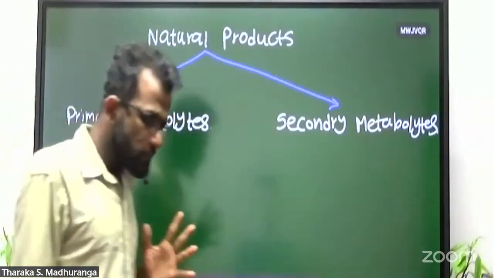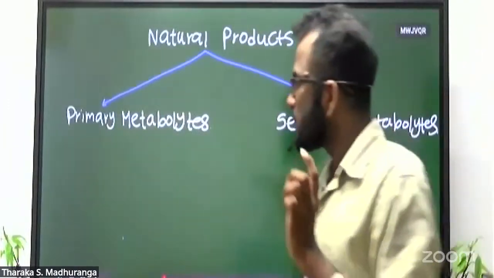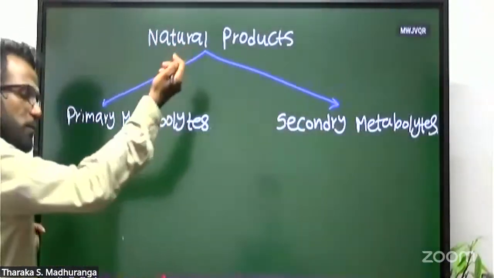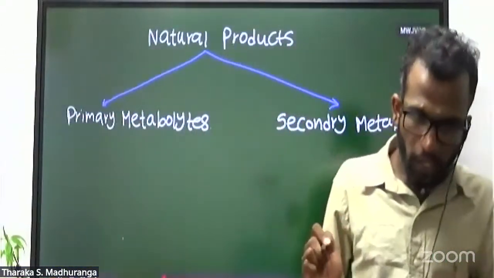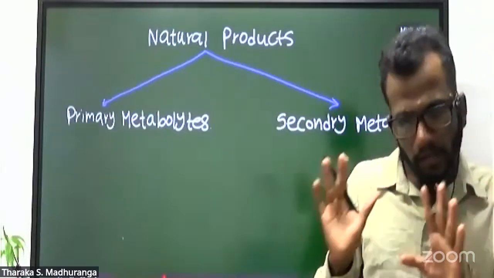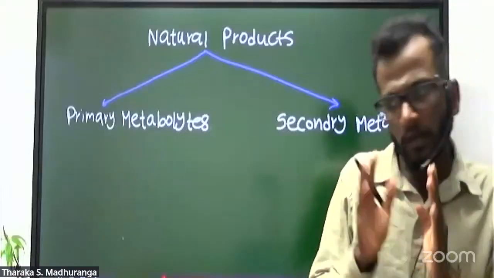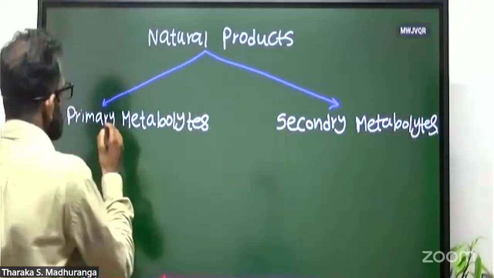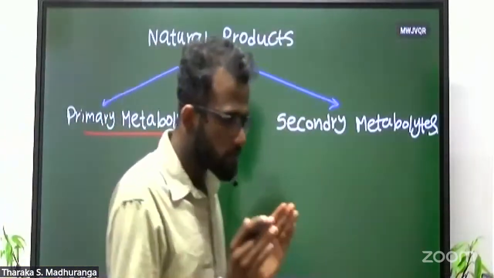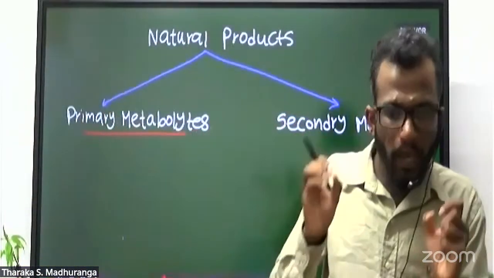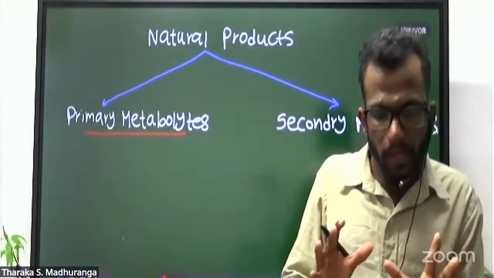Then what is this primary metabolites? The natural products, you already know now. The natural products we can divide into two types, the primary metabolites and secondary metabolites. What is this primary metabolites? Actually, the primary metabolites part we already discussed in this lesson.